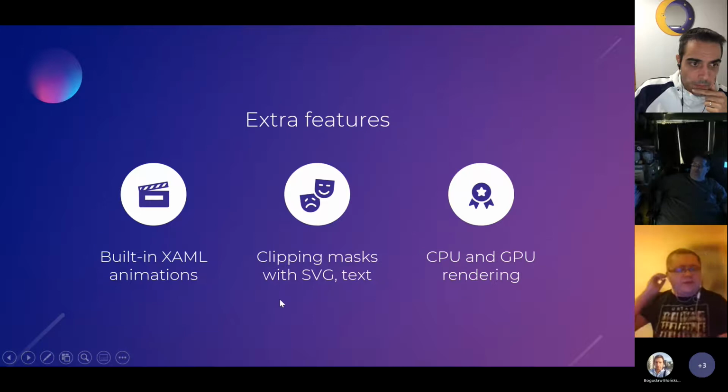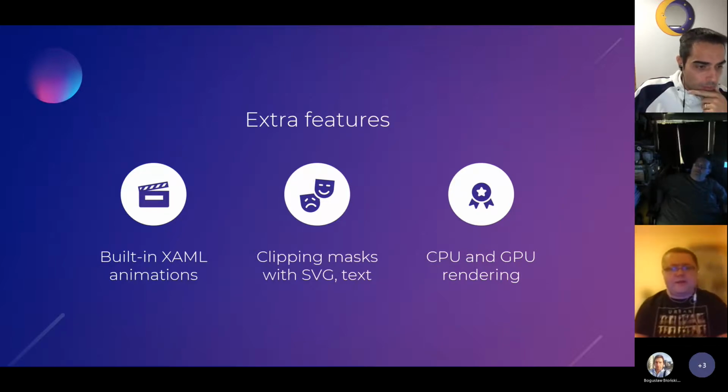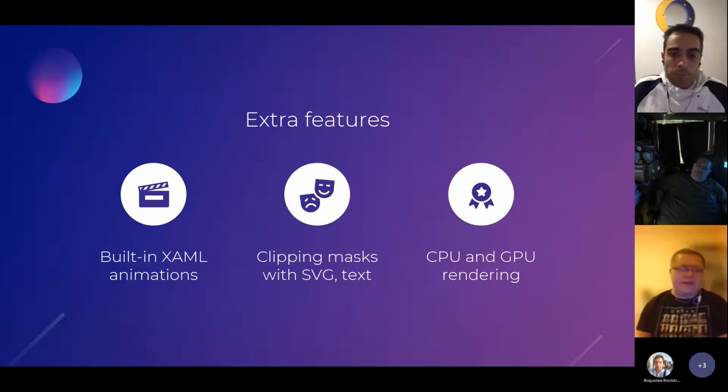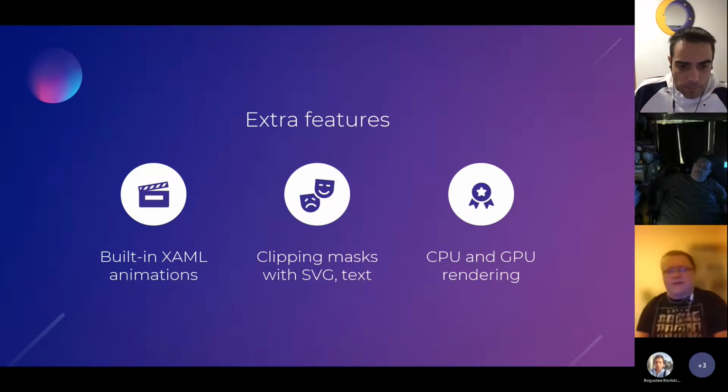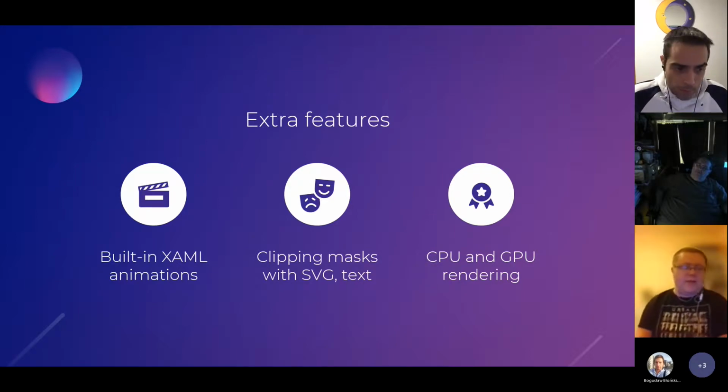Okay, and then we also introduced some extra features later, like built-in animations. They are built around the Animation class from Xamarin.Forms. So we have standard animations like property animations, where we can take a start value, an end value, and animate this with some easing. But we also have storyboards and keyframe animations.